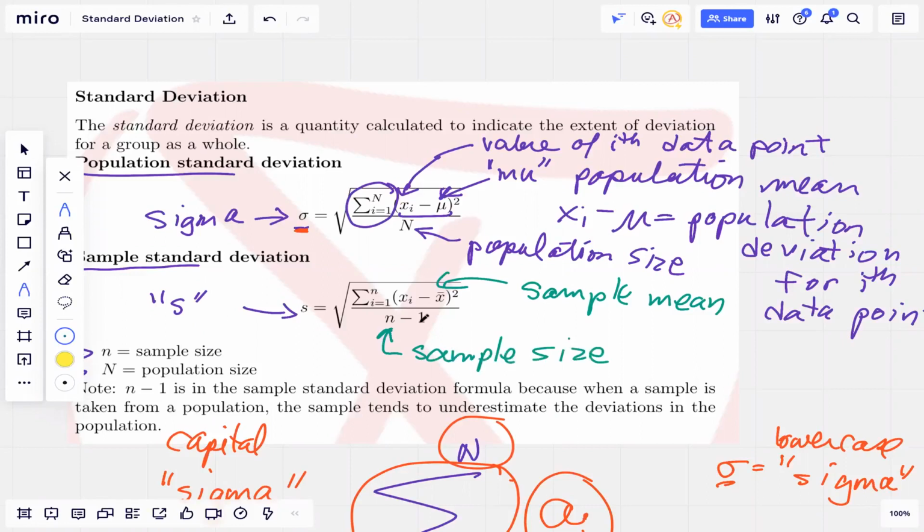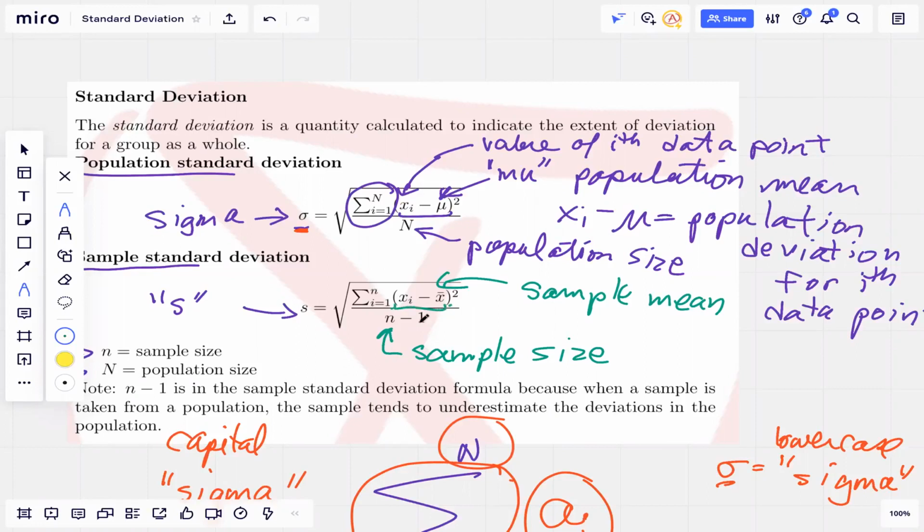Remember, our sample is going to be smaller than our population. Our x sub I is again the value of the ith data point. We're taking the sum from I equals 1, the first value that we're adding up, all the way up to position little n of the square of the deviation.